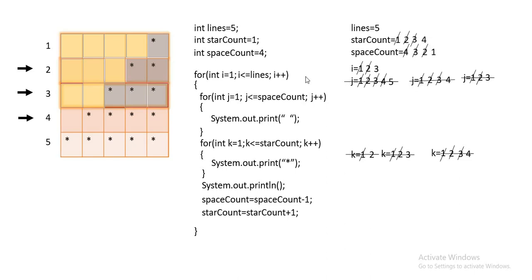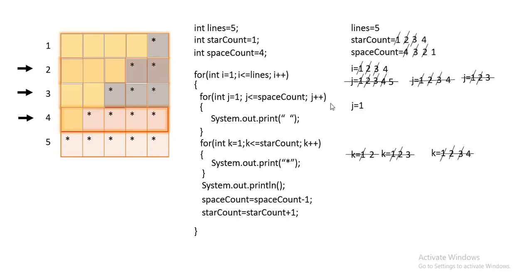Then go back to i++. Now i is 4. 4 less than equal to 5, condition true, so enter into this loop. In j equal to 1, 1 less than equal to 1, so print space.